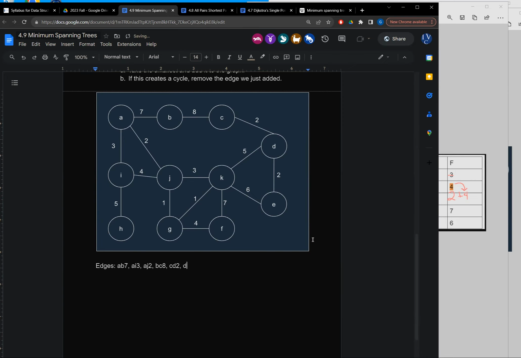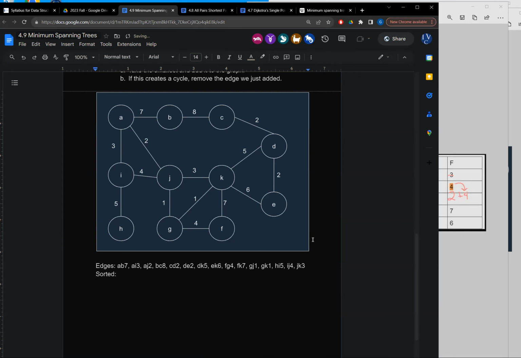Then we have DE2, DK5, EK6, FG4, K7, G, that's already GJ1, K1, HI5, IJ4, and JK3.